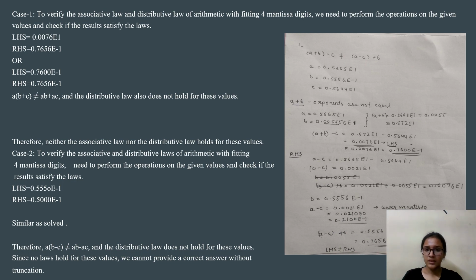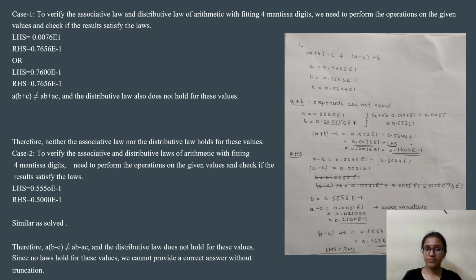First, we will calculate the value of a plus b. For addition, subtraction, multiplication, division, whatever type of mathematical operation we are doing, we have to follow the proper algorithm which we designed in the previous questions. We cannot directly evaluate the values as we do in mathematics. We have to check for the normalization condition and the underflow and overflow, everything we have to consider here.